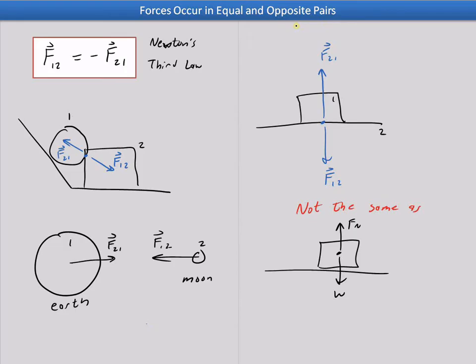It's because the net force on this block is 0, and the only way that could happen is if the up force was equal in magnitude to the down force. So they're not part of the same interaction. Now, you might argue that that's semantics, but being able to tell the difference is a nice conceptual clarification, recognizing what is an equal and opposite pair because it has to be versus coincidence.